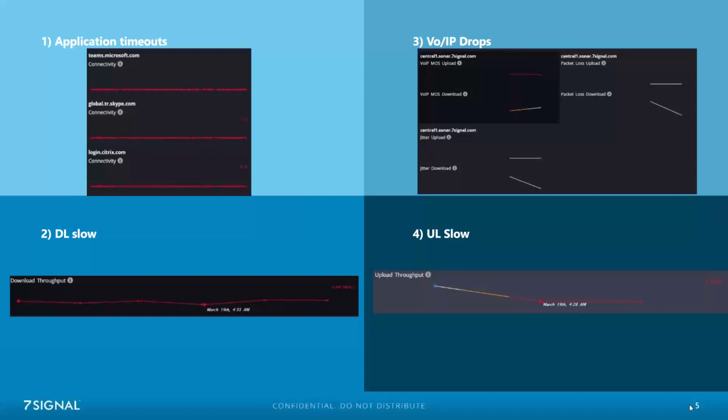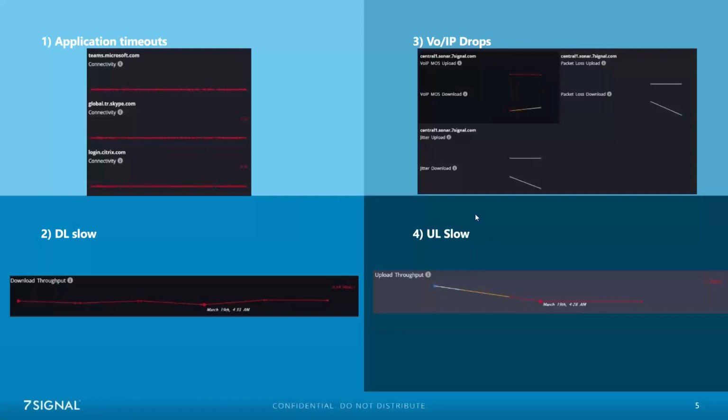So the first people to always find issues right off the bat is not your network monitoring tools. It's going to be your end users, and especially in Wi-Fi. Every single time, your Wi-Fi customers, your endpoints, your clients, if there's something happening, they're usually one of the first ones to see it, right? And it usually presents itself in four problems, or four areas: application timeouts, the download speeds are slow, VoIP drops, which we'll talk about here in a little bit, and the upload is slow.